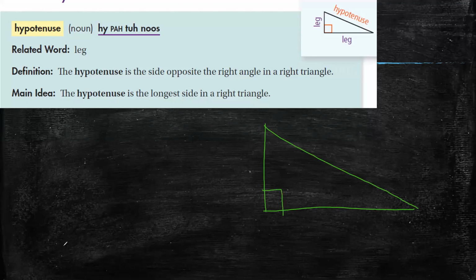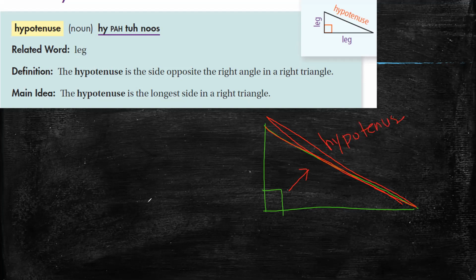Now, the side that is opposite to the right angle, we call it hypotenuse. And the other ones, we call them legs. Later on, inshallah, in grade 9, we will name them adjacent and opposite, but now we will name them legs.